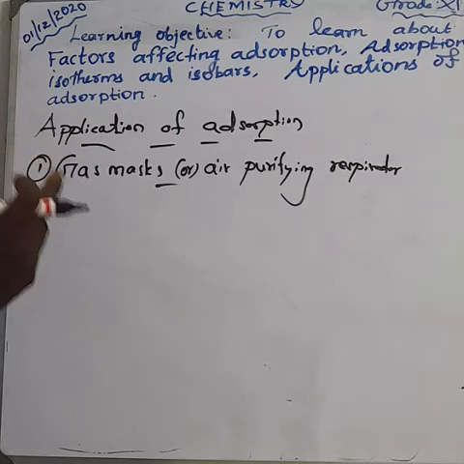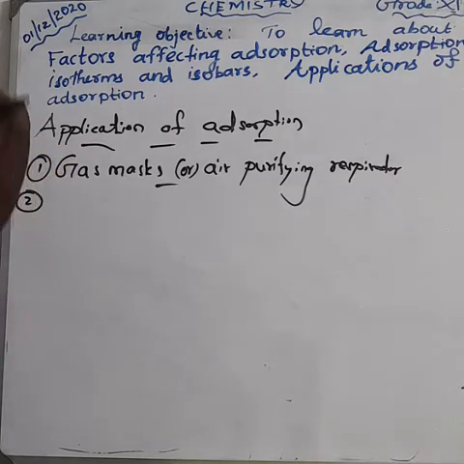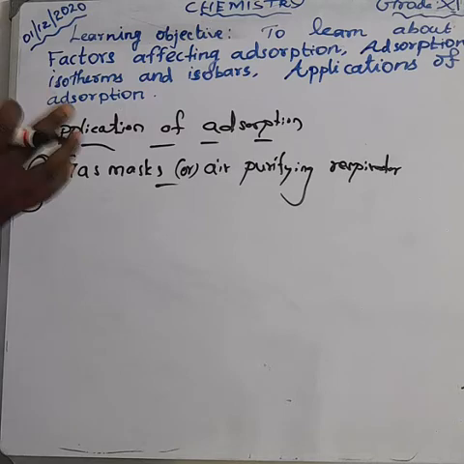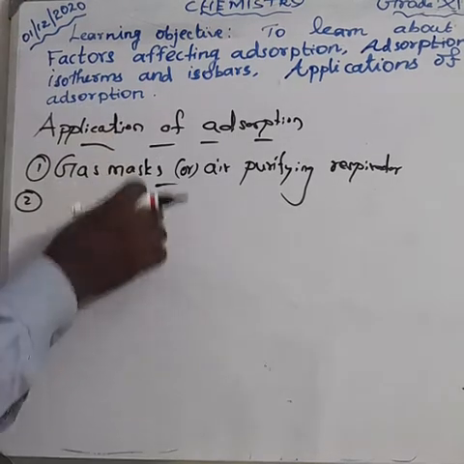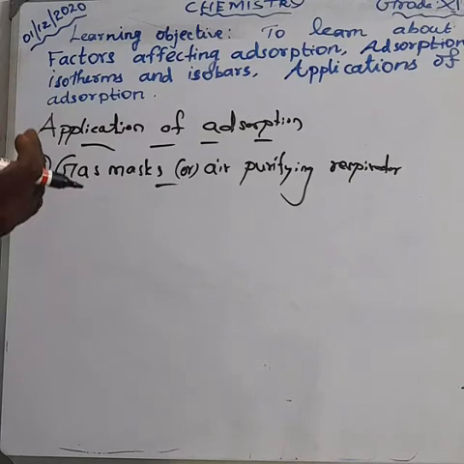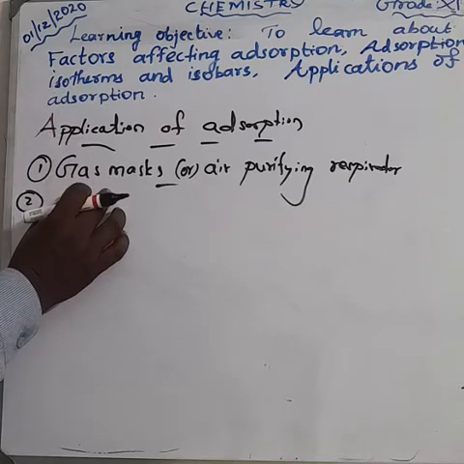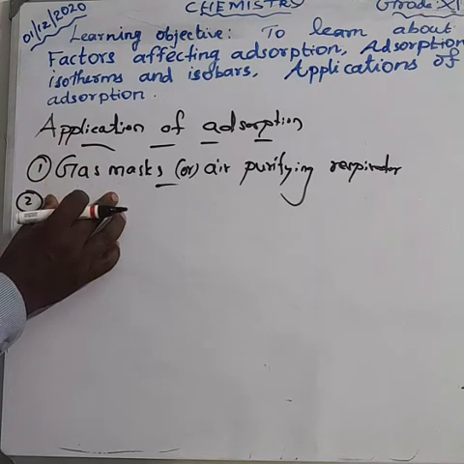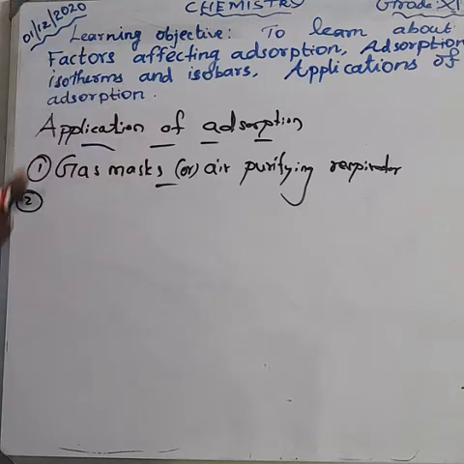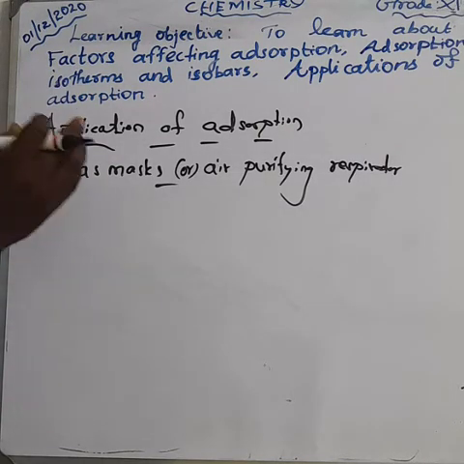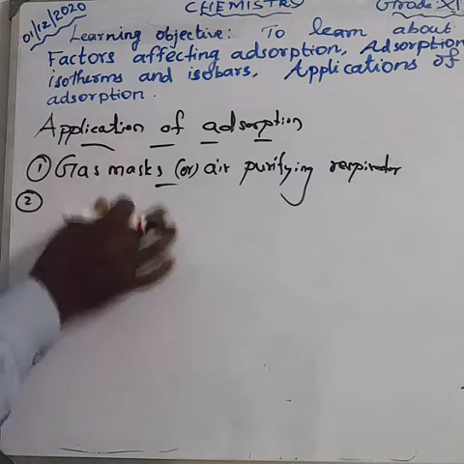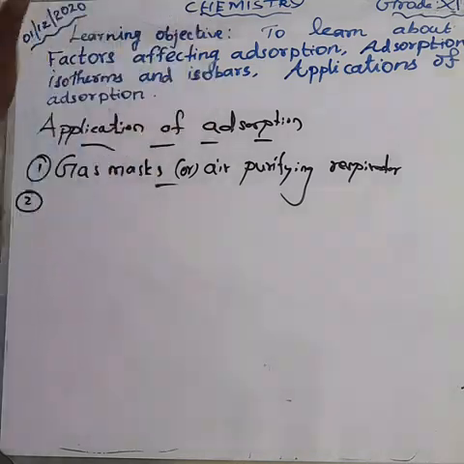During the World War, a charcoal mask was employed by both the British and the Americans. It contains activated charcoal, which was found to be one of the best adsorbents. So the gas mask is fully based on adsorption.